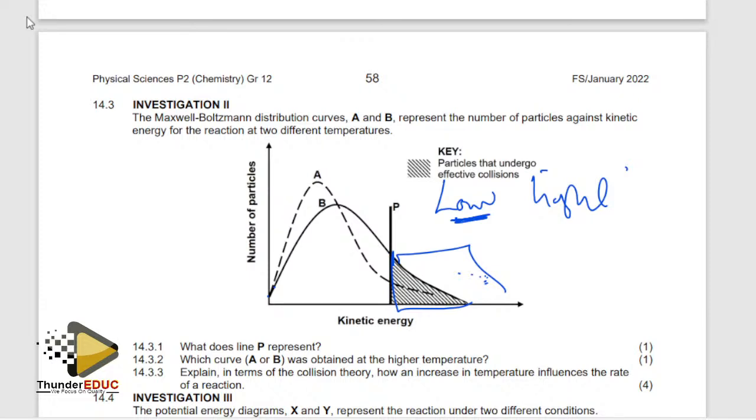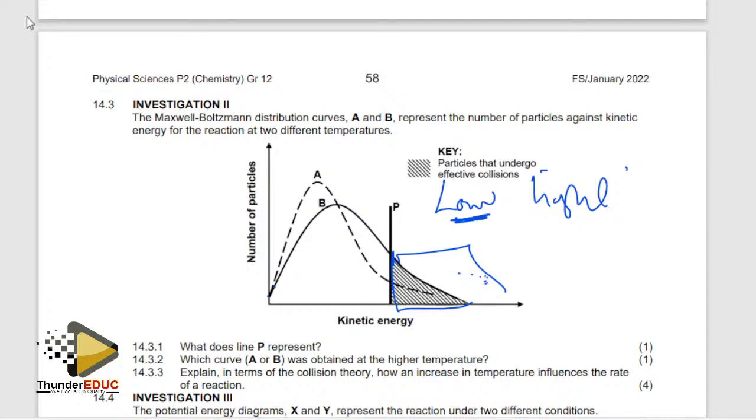So if they have higher kinetic energy, it means that you have more particles with the sufficient energy, which will increase the rate of collision per unit time. The words per unit time, we need to see them. And then if the rate of collision is increased, then these must be effective collisions per unit time. And if it is increased, then the rate of reaction is going to increase. Guys, you need to know that.